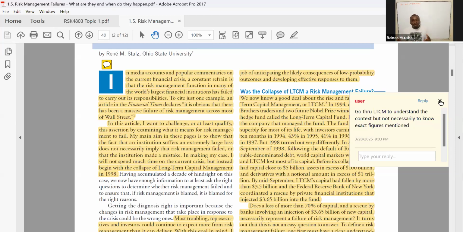Those are the typical questions they can be asking you. So when it comes to the specific figures, like in 1994 they lost this amount, and then this happened, and then finally they ended up losing this, don't worry too much about it. Understand the context, but don't worry about the specific figures.